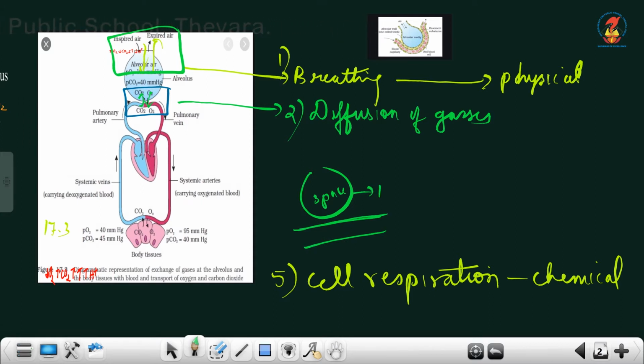This is indicating the alveolus, and this is indicating the blood vessel, and the exchange is taking place between the alveolar space and the blood vessel. Carbon dioxide from the blood gets into the alveolar space, and oxygen from the alveolar space gets into the blood in the blood vessel.